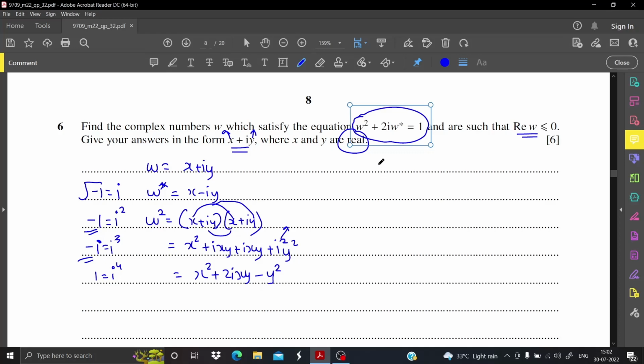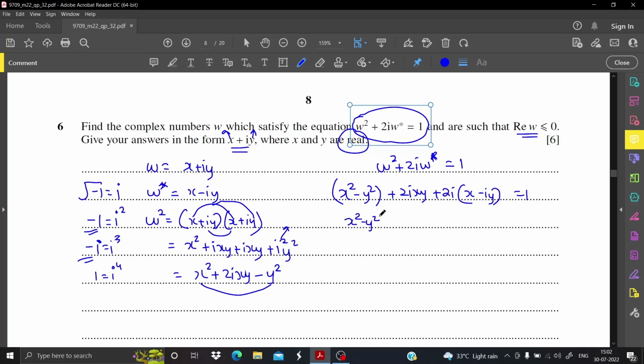Now let's take this equation: w square plus 2i w star, the conjugate of it, is 1. So w squared, the real part is x square minus y square. The imaginary part is 2ixy, and 2i into x minus iy equal to 1.